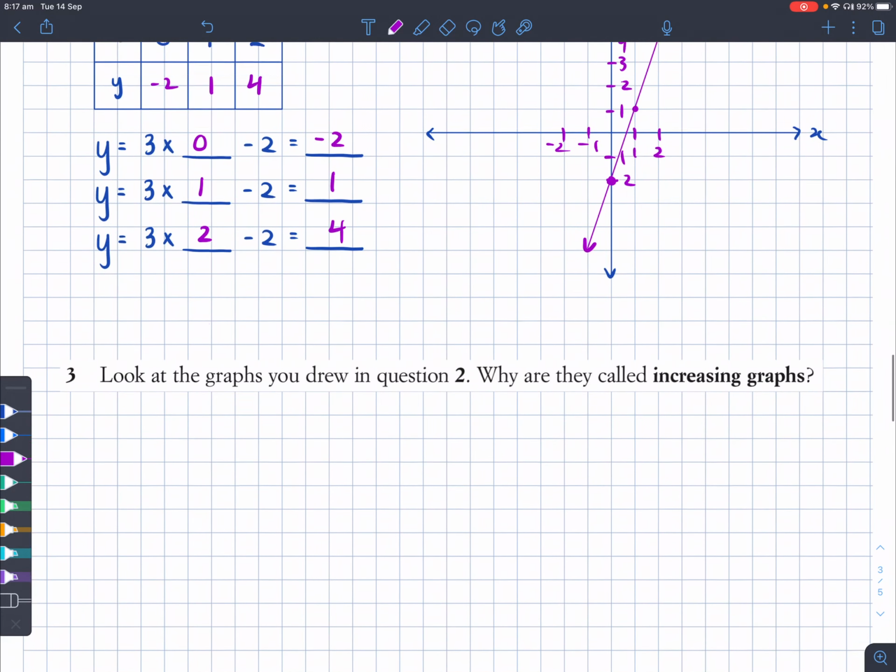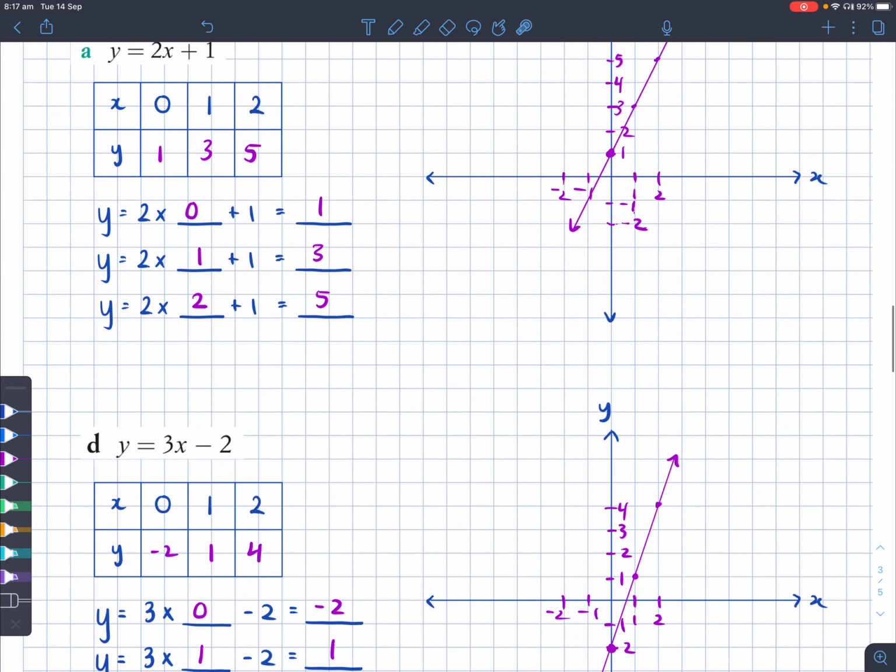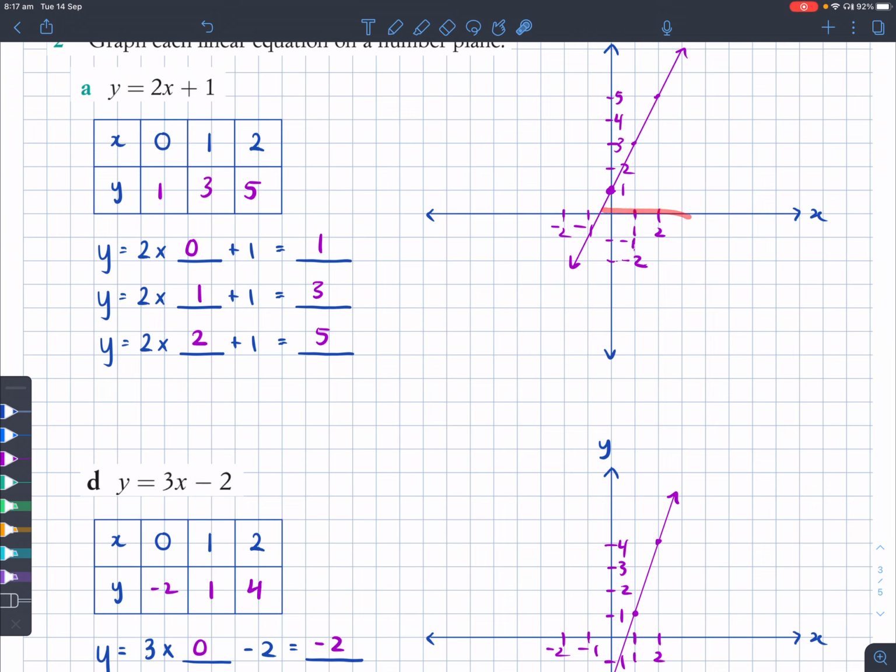So what that means is, as the x values increase, so as we look from left to right, the y values go up. We can see that because this is going up more and more as we go this way, and the y values go up more and more this way as well from the table. Or from the graph, you can say from left to right, it goes up.